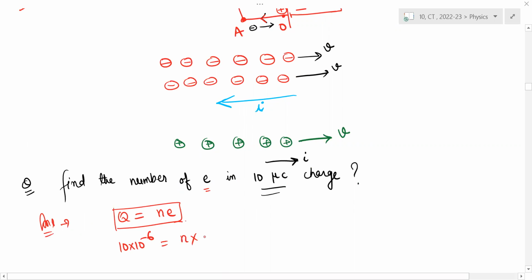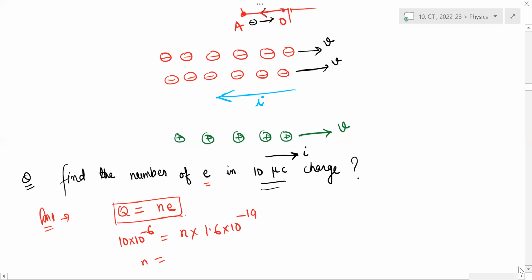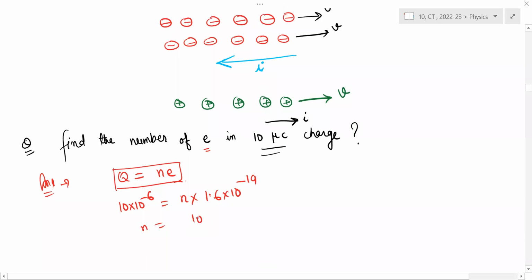E, the charge of one electron, is 1.6 into 10 raised to minus 19. So N equals 10 into 10 raised to minus 6 upon 1.6 into 10 raised to minus 19. 10 by 1.6 is 6.25, so N is 6.25 into 10 raised to plus 13.